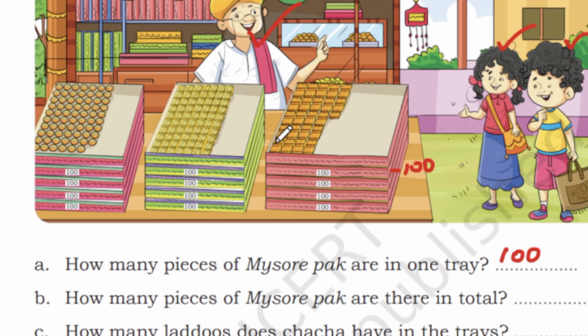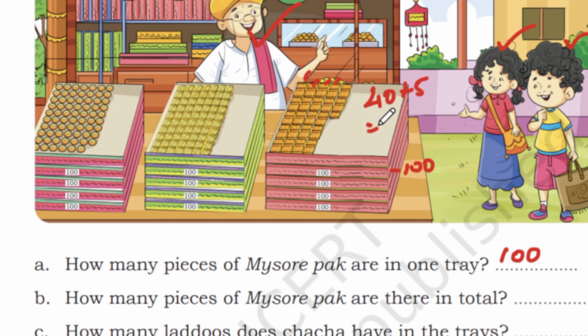In one row we have 10. Let's count and see. 1, 2, 3, 4, 5, 6, 7, 8, 9, 10. So each row we have 10 Mysore Paks. We have 1, 2, 3, 4 complete rows, which is 40, and then 1, 2, 3, 4, 5.